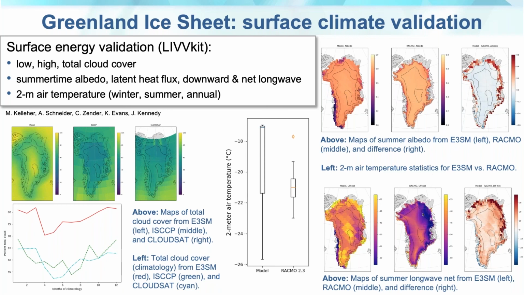I'll note that these are coming out of a fairly low resolution simulation, one of the first we've done in E3SM using this new surface mass balance capability. So we don't expect these to be perfect. These are kind of our first cut to find out where we are and what we need to work on. And these tools are the things that we're going to be using to do that.